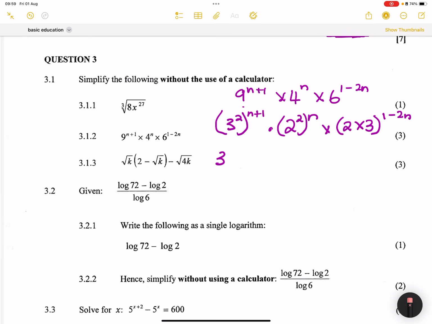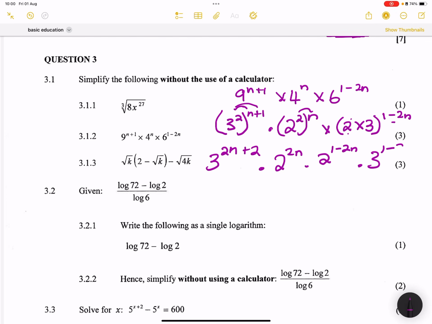So this would be 3, that's 2 times n, that's 2n, and 2 times 1, that will give us 2. Multiplied by 2 to the exponent of 2n, that's 2 times n. Now, we actually are going to express both of the bases that we have. So that will be 2 to the 1 minus 2n multiplied by 3 raised to the exponent 1 minus 2n.